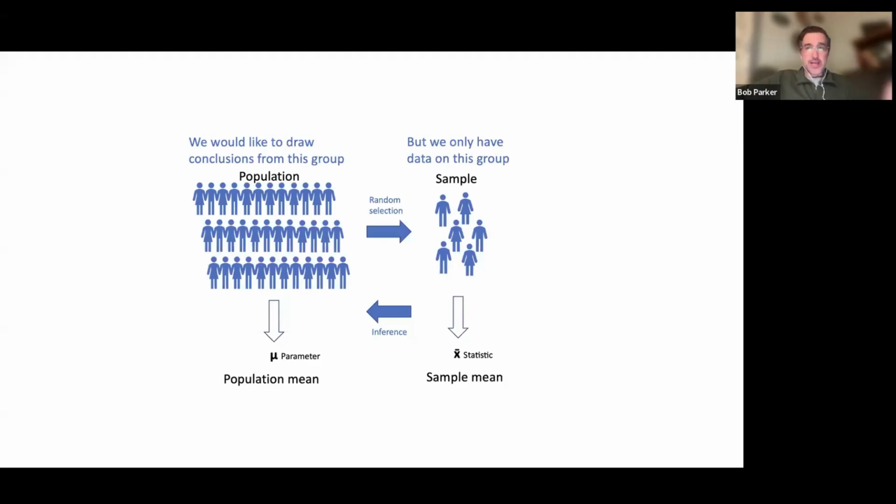So when we're asking our research questions, we would like to draw conclusions from the group, and that group is the population. To be able to ask every single person or individual in that population, that becomes a census. But a census requires a huge amount of effort and time. It's very resource intensive.